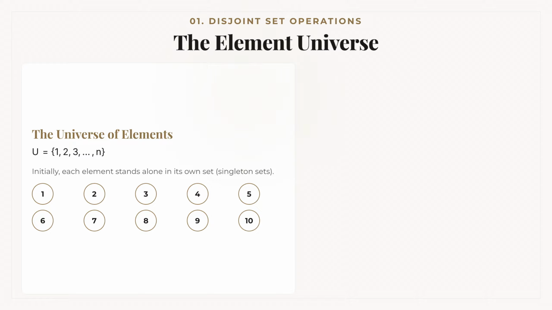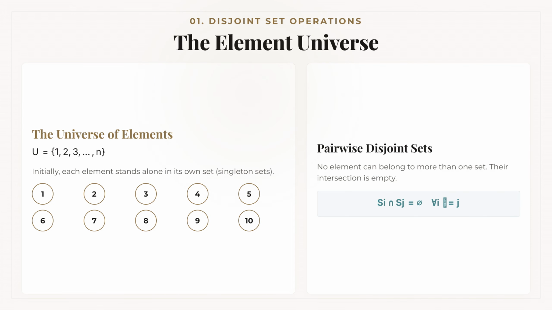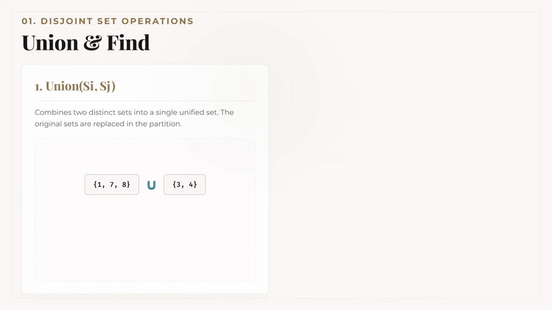The important condition is that these sets are disjoint. The word disjoint means that no element belongs to more than one set at the same time. In mathematical terms, if we have two sets, Si and Sj, their intersection must be empty. This means there should be no common elements between them.